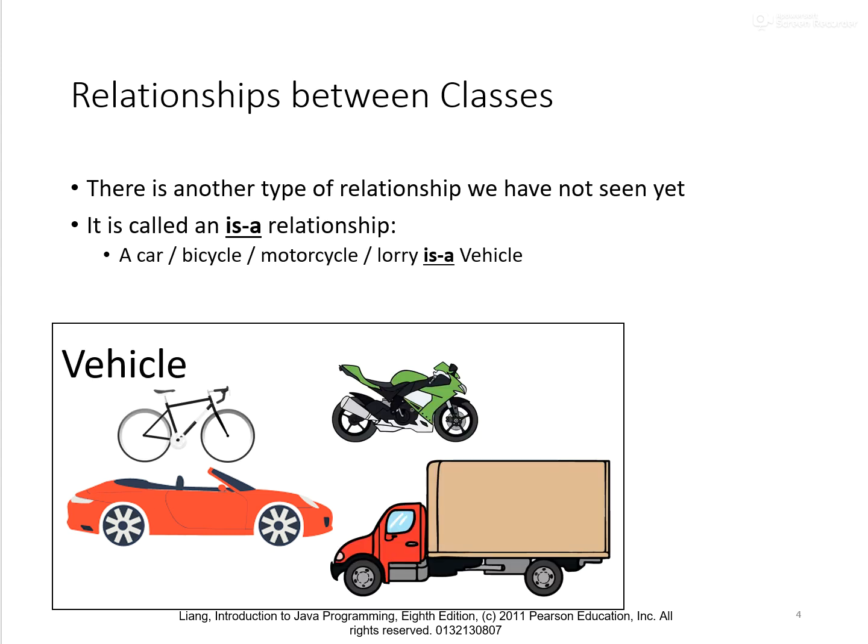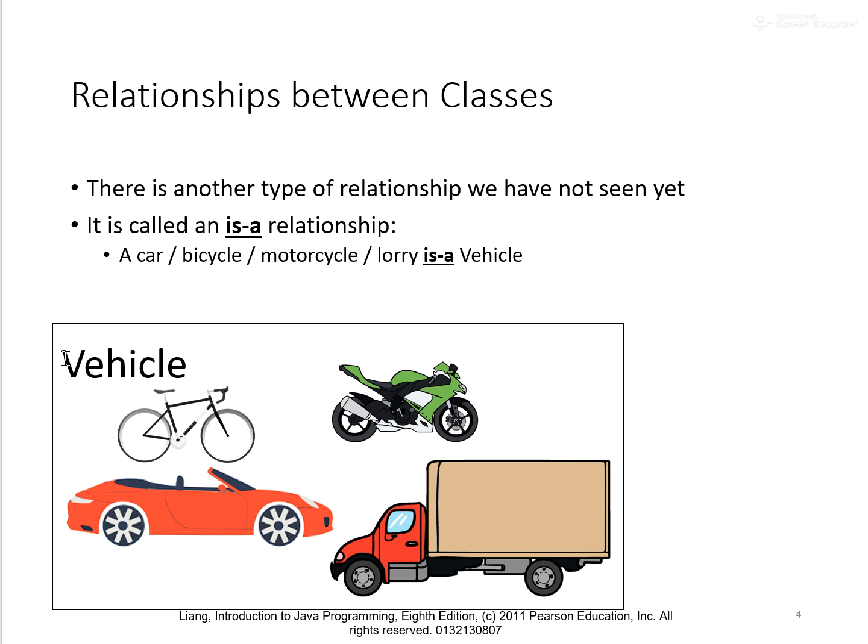Another type of relationship that is possible is called an is-a relationship. Now, we have not used that in any of our small projects so far. An is-a relationship is slightly different. Consider this slide that you see over here. We have a whole category of vehicles.